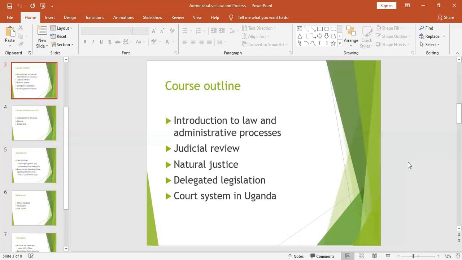Number two, another function, law suppresses deviant behavior. Most forms of socially unacceptable behavior, undesirable conducts are criminalized. Which are the deviant behaviors?